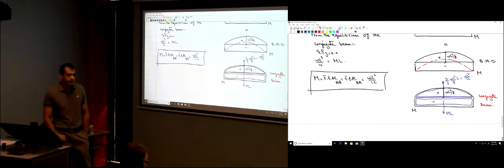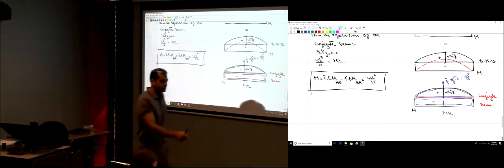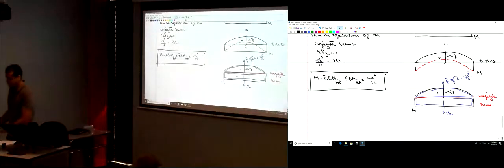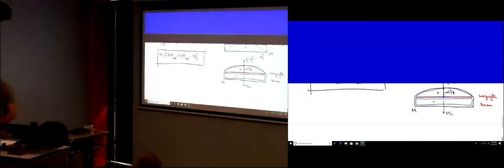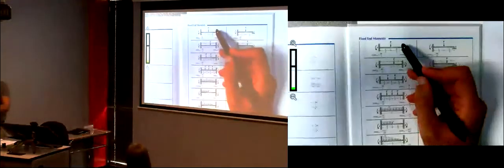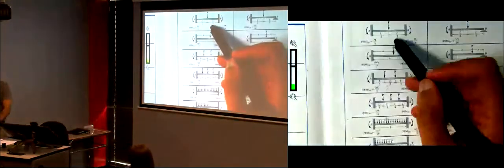Again, if you look at the back of your book, okay, you will just find this value given right away. Last time we derived this value for a concentrated force right in the middle.